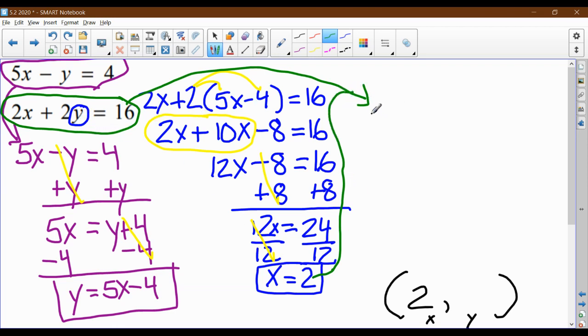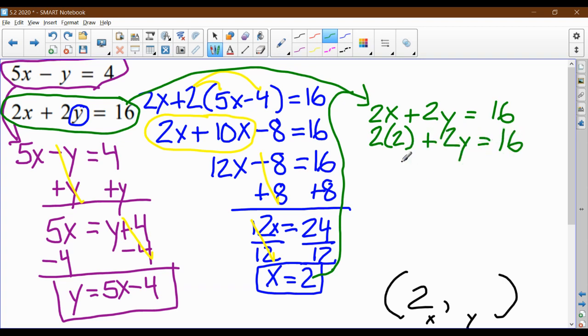So we have 2x plus 2y is equal to 16. But we know x is supposed to be 2. So that becomes 2 times 2 plus 2y is equal to 16. Well, 2 times 2 is 4, plus 2y equals 16. Okay, let's subtract this 4 because right now it's being added to this 2y.